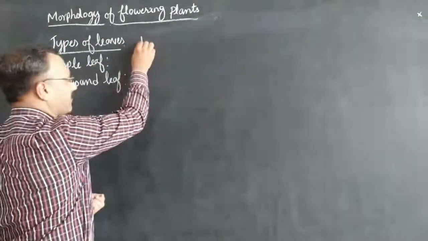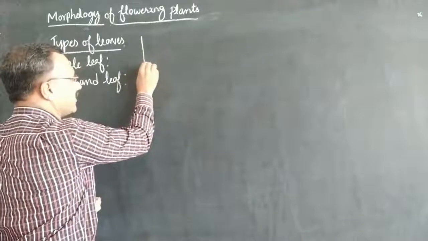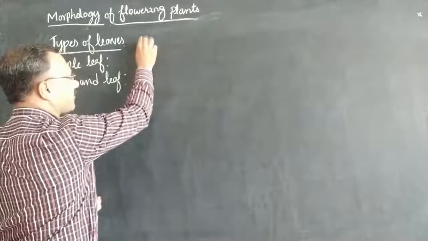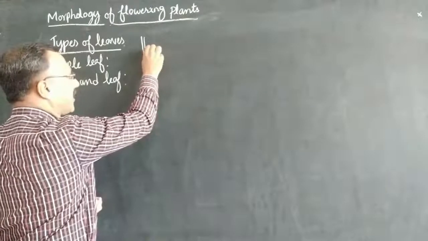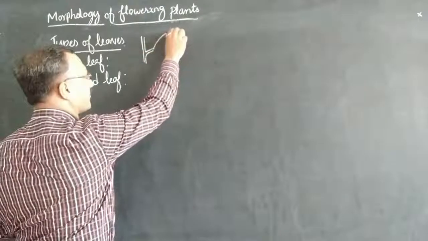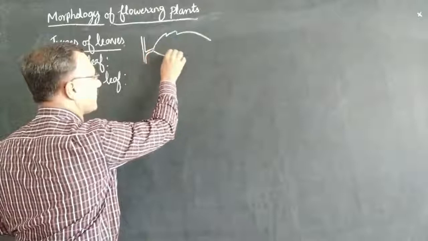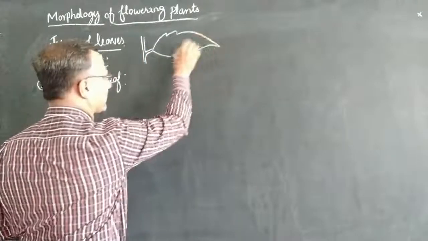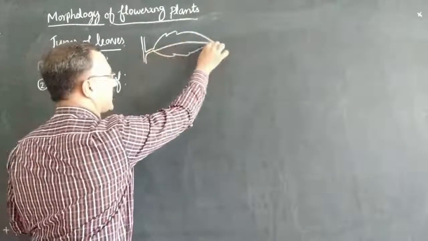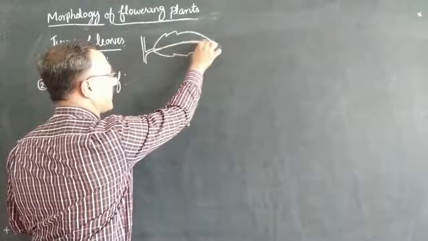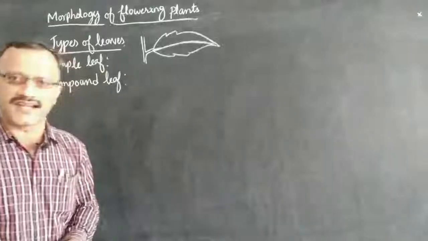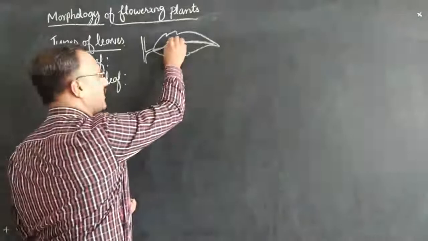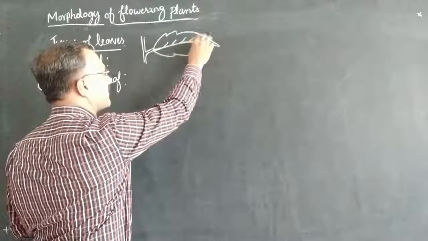Let me show you where the lamina is single without dissection, which may be smooth or serrate. The lamina bearing a flat single blade or flat plate-like structure is called simple leaf.